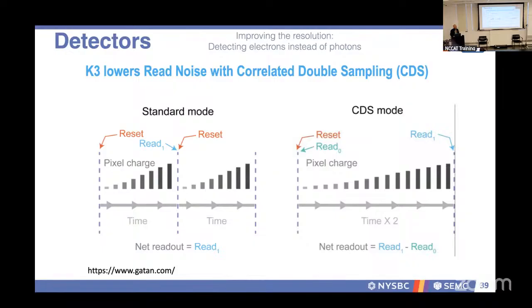And so what you can do is use half your frame rate to take a blank, as it were. So you can reset your pixel, read it, have an event, and then read it out. And what that means is that it allows you to have a more sensitive electron event by your sensor. But you're using half your frame rate to do that.